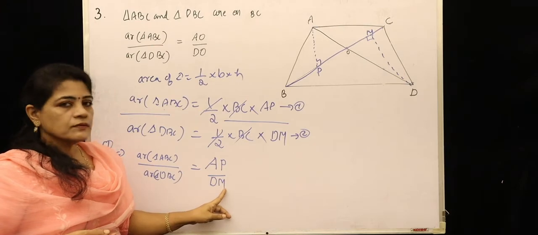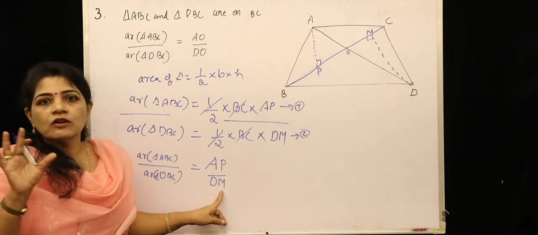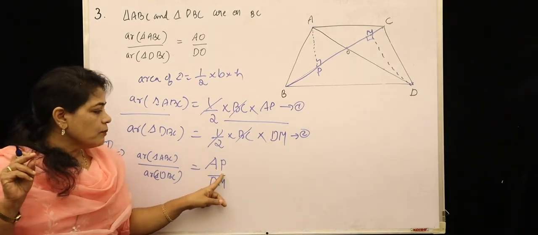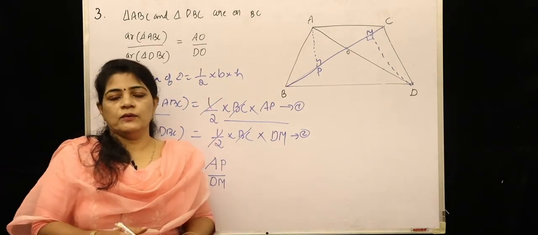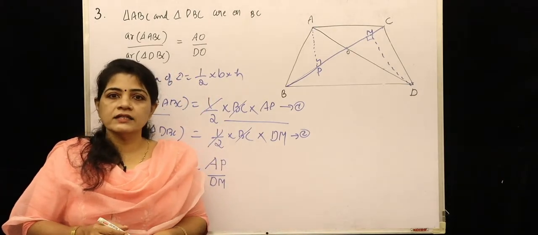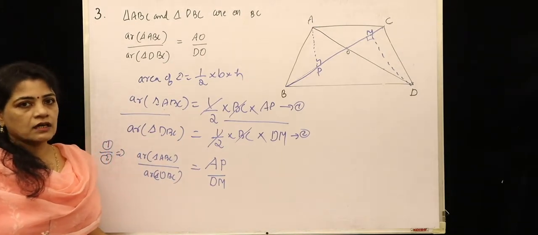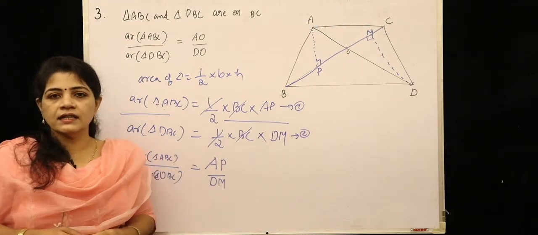Here we got AP divided by DM. So our next aim is to show that AP by DM equal to AO by DO. If so, you can write the ratio between the areas of these two triangles is equal to AO by DO. It is clear children?